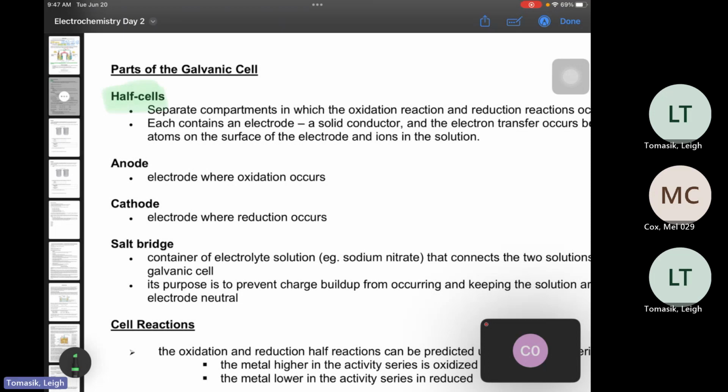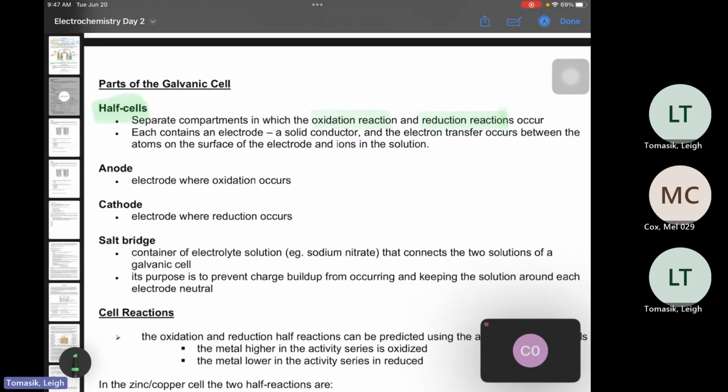They're separate compartments in which the oxidation reaction and the reduction reaction occur. Each contains an electrode, which is a solid piece of metal, a solid conductor, and electron transfer occurs between the atoms on the surface of the electrode and ions in the solution.